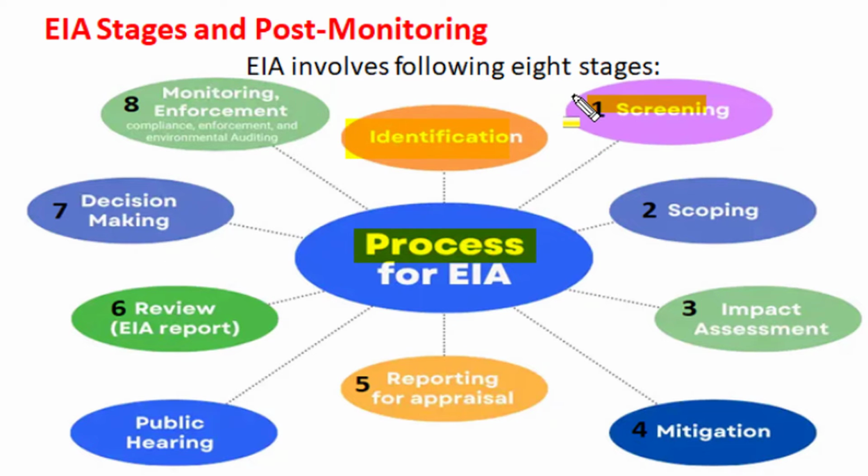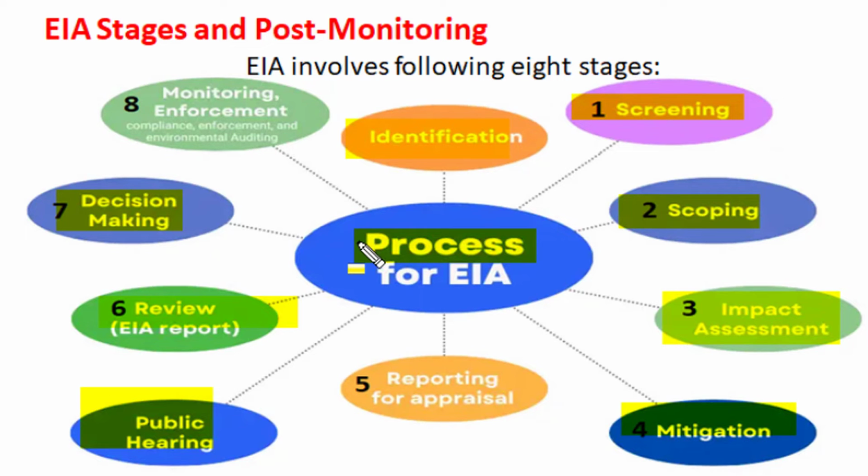In the first stage, screening of the project is done, and if it requires environment impact assessment, the scoping will decide size and impact, terms of reference, and then impact assessment is done. And to reduce impact, mitigation strategies are developed. Then this report is placed before the expert appraisal committee, and the EAC reviews that report and calls a public hearing, and after reviewing and necessary correction, decision making on the project is done.